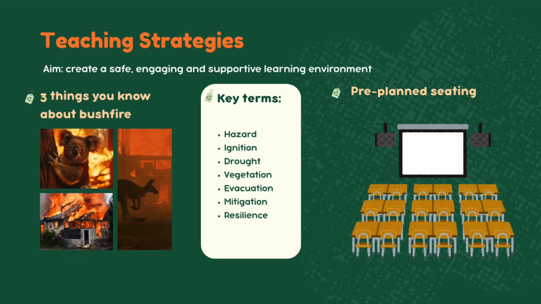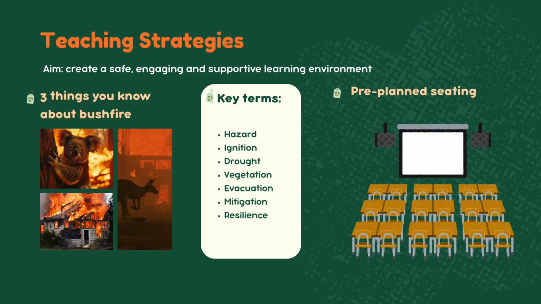The teaching strategy in this lesson aimed to create a safe, engaging, and supportive learning environment while maximizing understanding. The lesson begins with a starter task asking students to write or draw three things they know about bushfires. This activates prior knowledge and increases engagement because students enter the lesson already thinking about the topic.